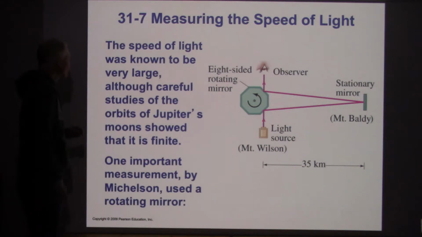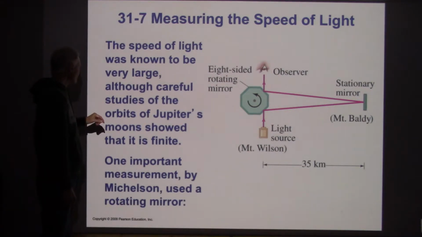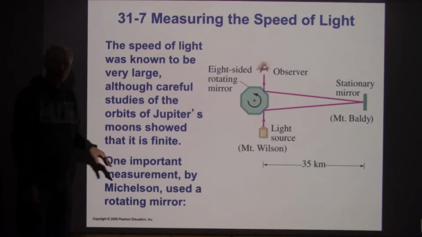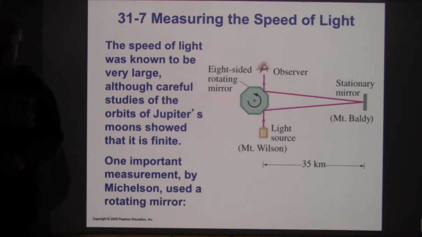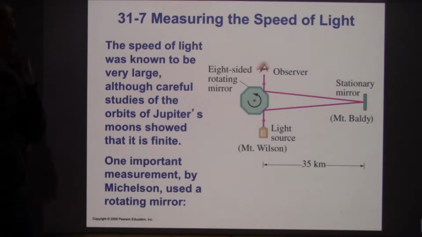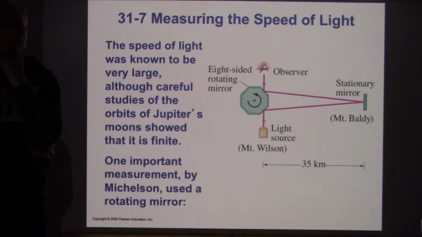What I did want to refer to here is the earliest kind of reliable measurements of the speed of light, which came from observing Jupiter's moons orbiting Jupiter. This dates back to the 1700s.